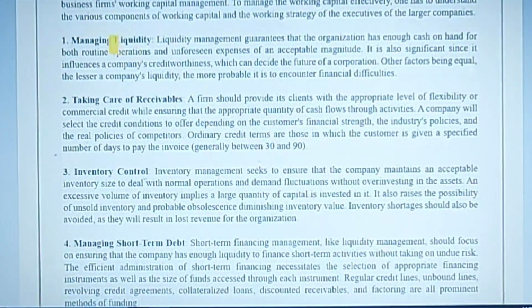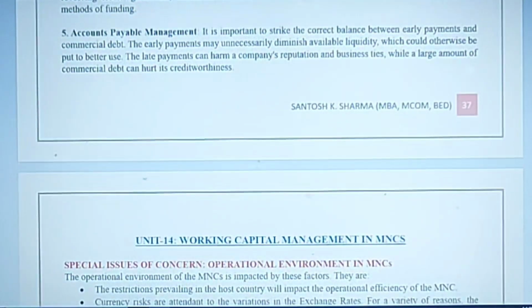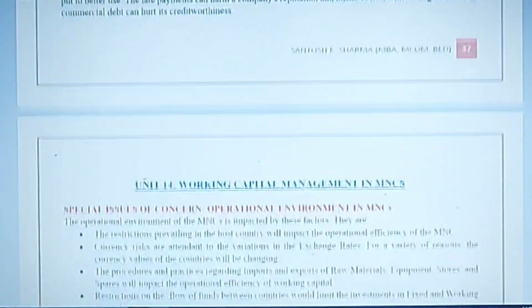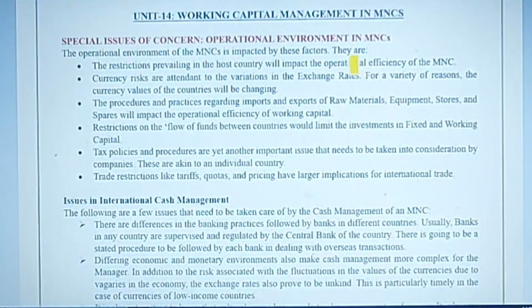These factors you can mention here, like managing liquidity, taking care of the receivables. Then we have inventory control, managing short-term debts. So these things you can mention and prepare for the exam.